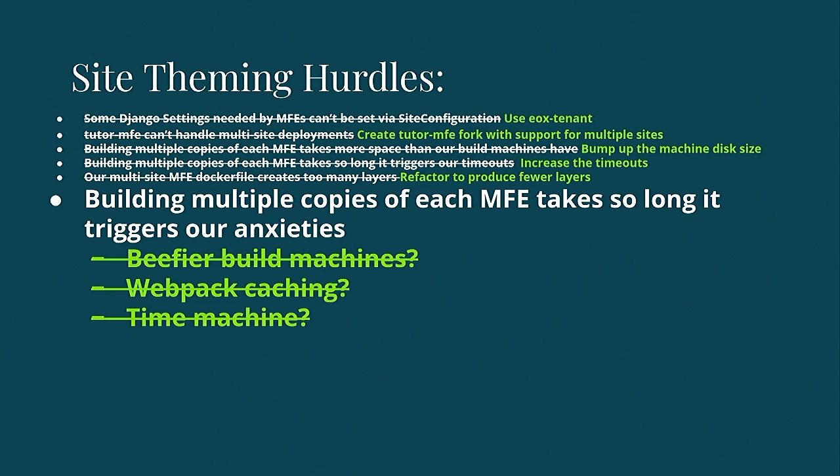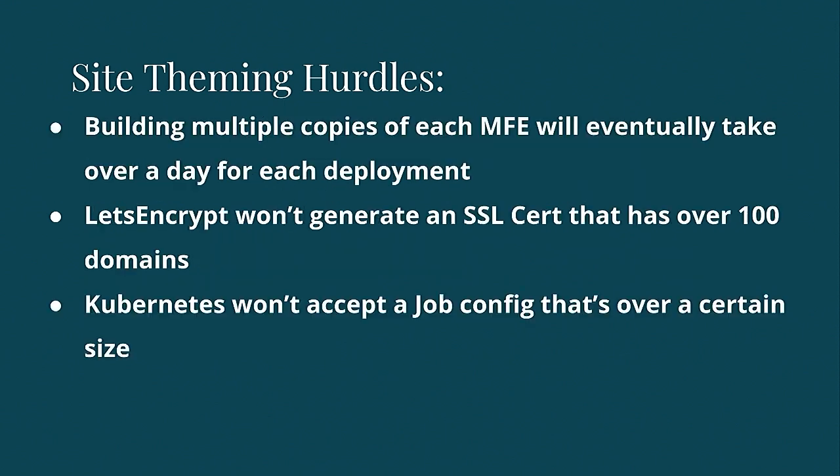But it did not solve a lot of the other issues where MFEs need access to SCSS variables at build time. That problem would require completely refactoring the way that Paragon works into using CSS variables. And when we looked at what was going on in the Paragon world, some of these solutions were already in progress.